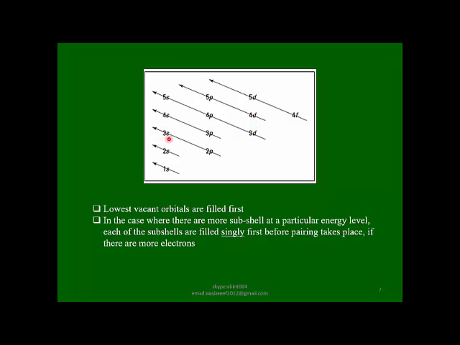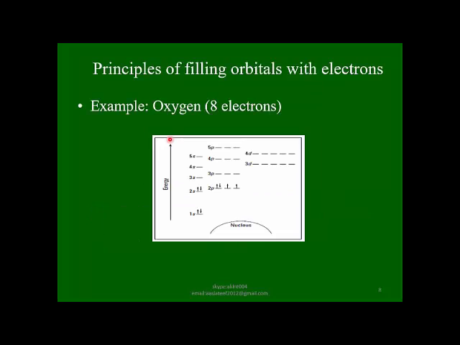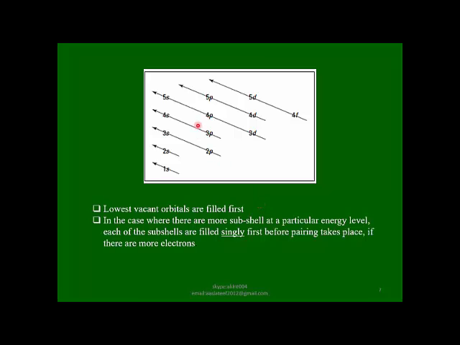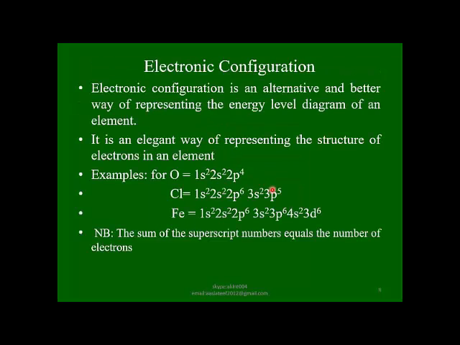It is immaterial whether it is 1s or 2s or 6s. s must contain at most 2. It can contain 1 if you are writing only 1 electron, but it cannot contain more than 2. So we put 2 here. So the remaining 5. After 3s, we go to 3p. So we just put the whole 5 here because it's not up to 6.